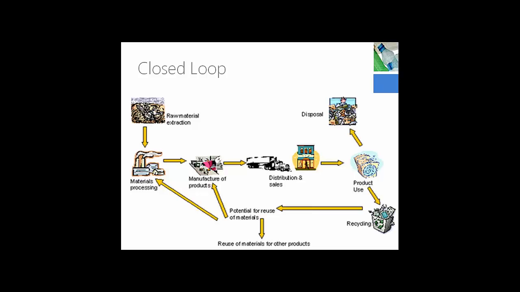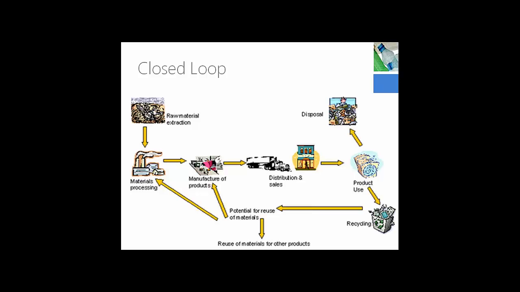They then go over, to the top right, to manufacture products. Those raw materials that have been processed then go into the manufacturing of products, and then we sell those products, and then we buy and use those products. And the tendency in the past has been to go in the upper right through disposal. And what happens is it's a linear system.